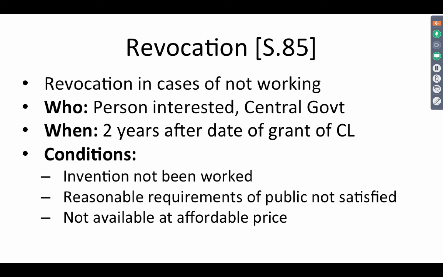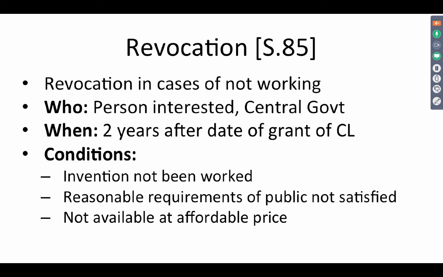Okay. Now this is a provision that has not been used at all for multiple reasons, because this requires, one, the fact that the patentee has not worked this invention for 3 years, and it requires an interested person to make an application under section 84, and after he makes the application under section 84, in 2 years he himself does not manufacture it, and after that somebody else has to make, or the central government has to make an application under 85 for revocation.